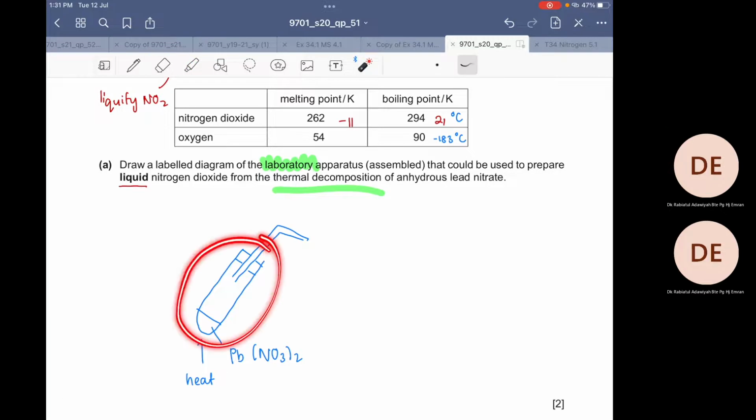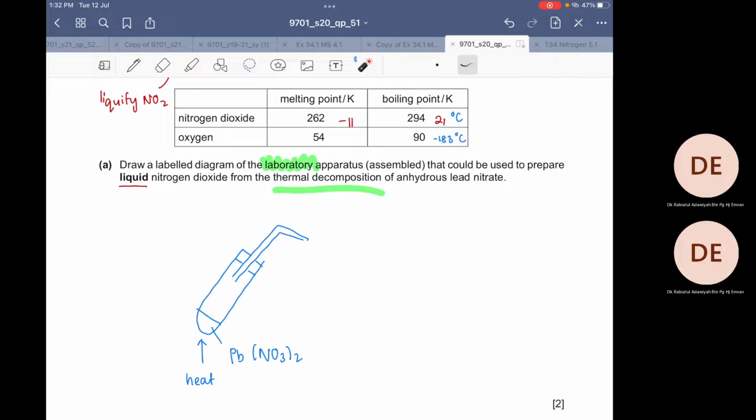You just need a warming tube, okay? Or you can use a conical flask, as long as the most important thing is that you have a sealed setup, okay? So you have a cork or you seal the test tube so that your gas cannot escape, okay?